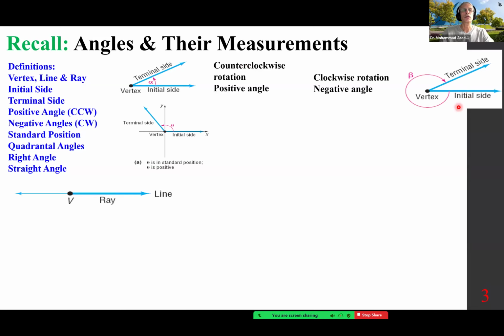Standard position: the initial side is along the x-axis, positive x-axis. So theta is in standard position and theta is positive. In this case, theta is in standard position, but it's negative.